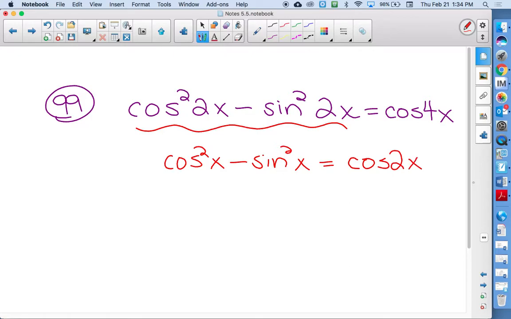A, B, C, D, U, V. Pick a letter, doesn't matter which one. So when you have cosine squared minus sine squared, that's the same thing as having the cosine of your double angle. So that's the double angle formula for cosine. Well, what they give us pretty much is that double angle formula, except that this piece here represents our angle.